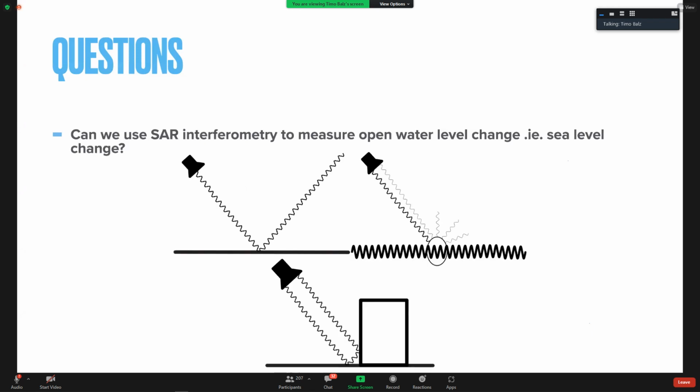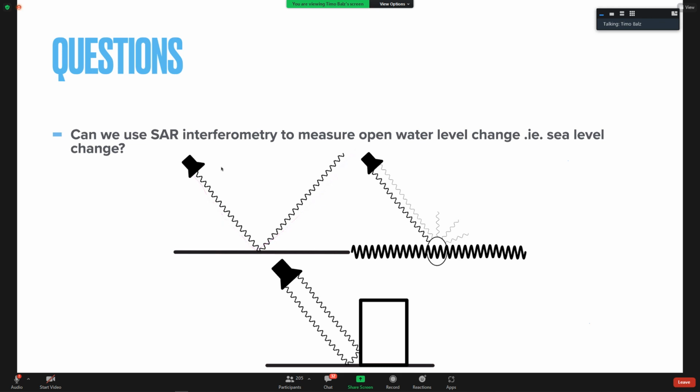Another question, actually a very good one. Can we use SAR interferometry to measure open water level change, for example sea level change? It's a good question, and the answer is no. Why is that? Well, in your typical calm water situation, the signal will be reflected away.